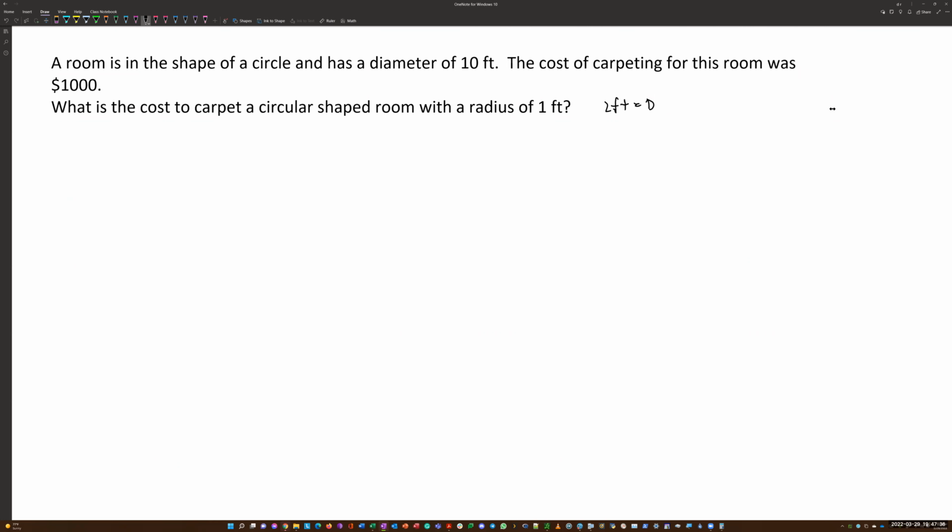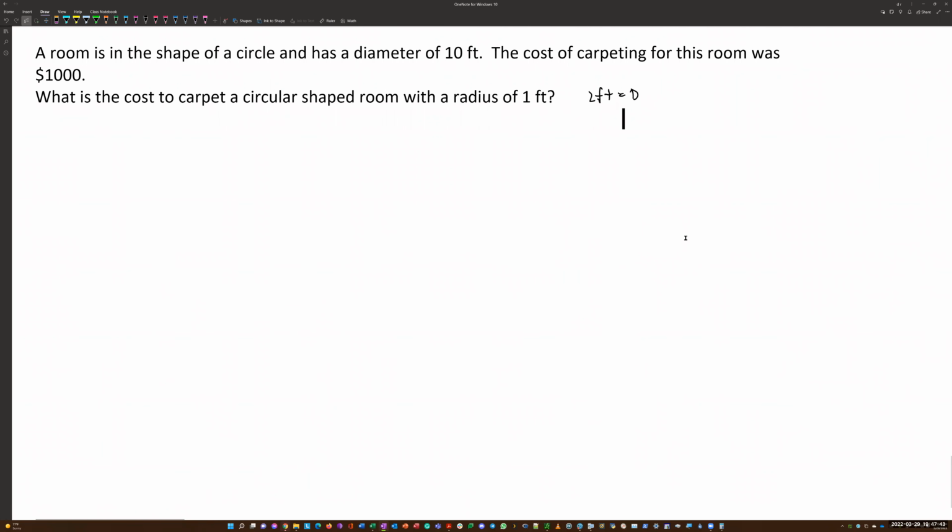Okay, that's what we want to talk about, but you cannot say that. Sometimes you can, but not in this case. So let's try, before we do this one, let's do another one, okay? Let's say it was a square first, all right?